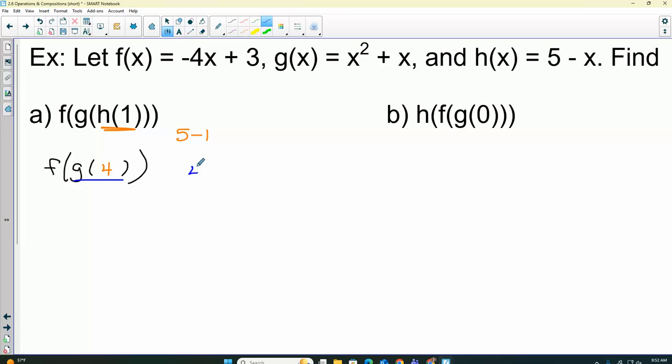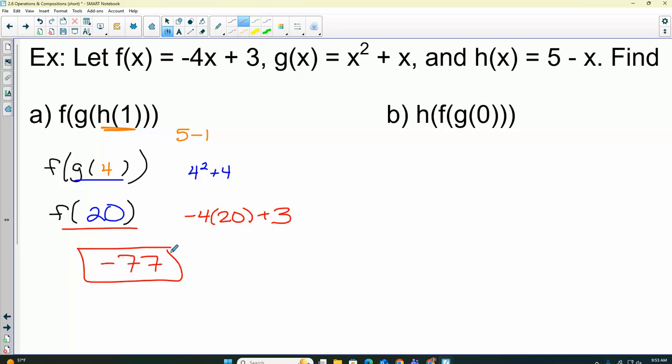So if you put a 4 into g, so 4 squared is 16, plus 4 is 20. Now I put a 20 into f, negative 4 times 20, plus 3, so negative 80 plus 3, negative 77.